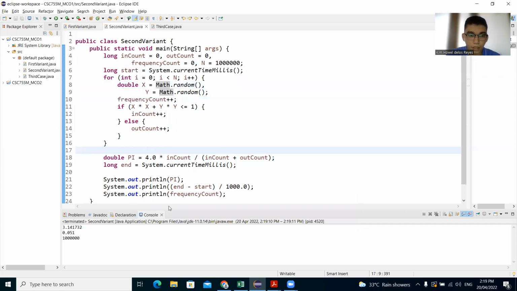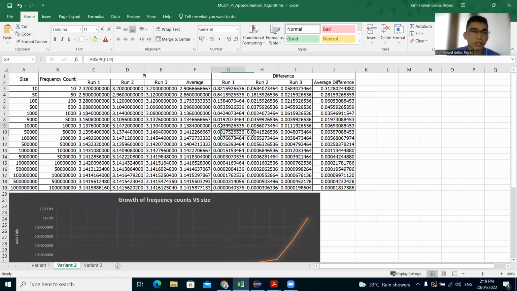Okay, and then what I have here on the graph is a table. For the computation of pi, I have created 3 runs, and then just get the average between those 3 runs. Right? For example, if the size is 10, the frequency count is 10, and for each run, I record the computed value of pi, and then just get the average.